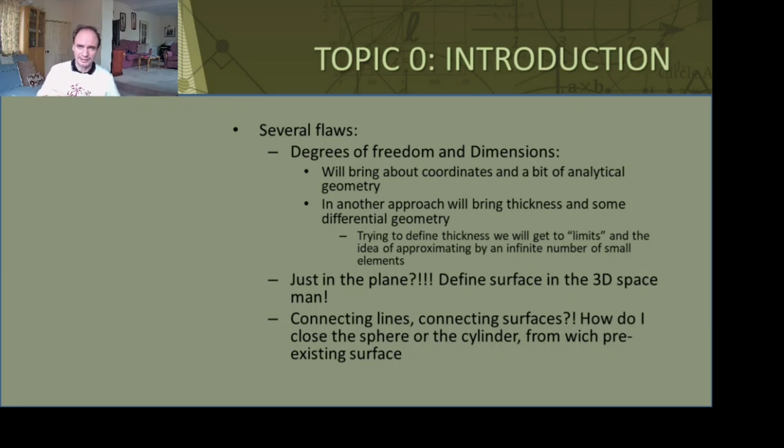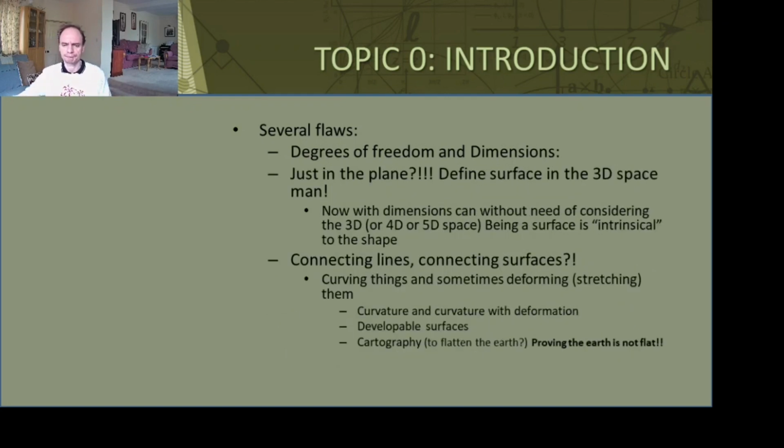Now we are going to be seeing that we can do that with some surfaces, which are developable surfaces, but we can't do that with other surfaces, like the spherical surface, and those are called non-developable. And what else? Yes, we are going to be speaking about thickness in order to introduce surface as something without thickness. And we are going to be speaking a little bit about analytical geometry and differential geometry as a consequence of the development of the ideas of dimensions and thickness.